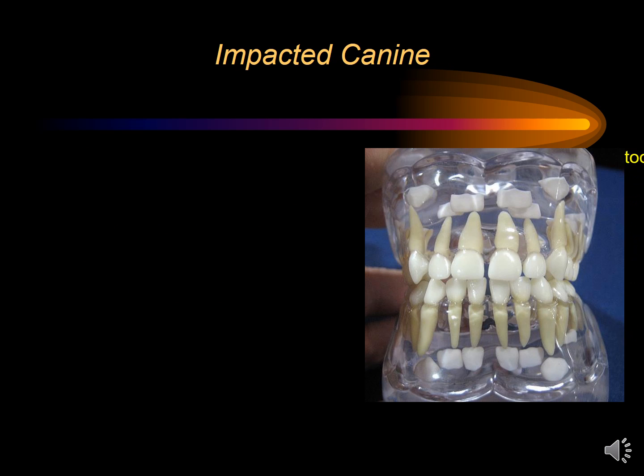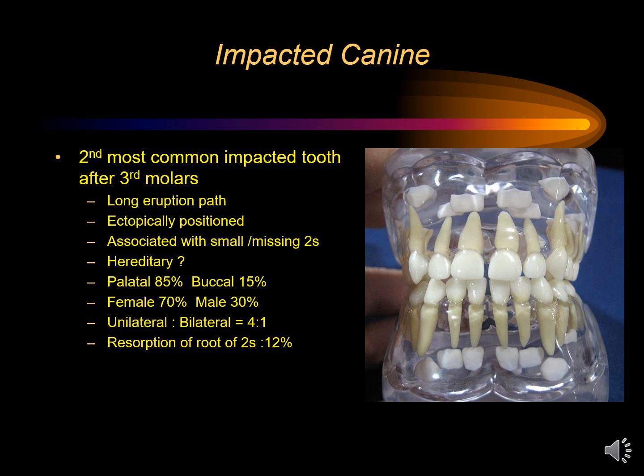Okay, impacted canines. Now, impaction means the tooth does not erupt into its normal position in the mouth, and it gets obstructed and is unable to erupt further. Now, the most common teeth involved in impactions are the third molars, and the canines are the next most common impacted teeth.